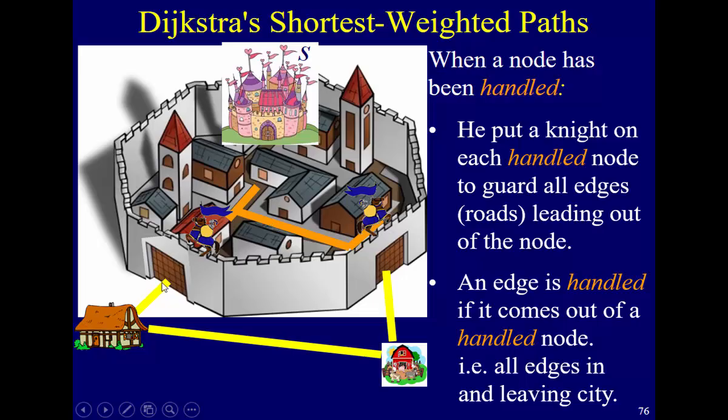And so this edge coming out of the city is handled and is guarded. Does that make sense? So if you're in the city, you have all the right answers, and everything is guarded. And all the edges are handled. And then those edges that are leaving the city are also guarded and are also handled. Right? All right, so here I have the orange edges, right, have been handled and are guarded.